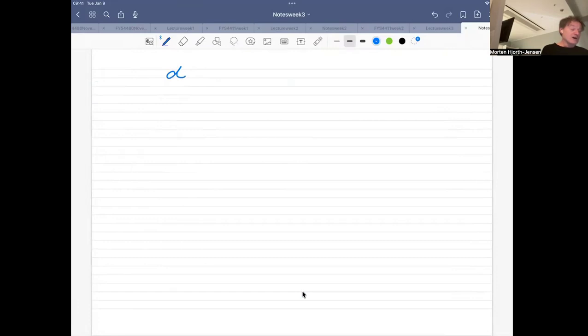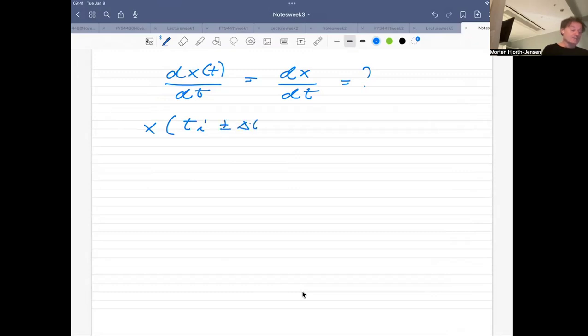So if I look at my dx of t over dt, which we simply write as dx over dt, if we now Taylor expand this one, that means that we have a function x, which is expanded around a point. So we would typically say that we have an x, which is given by t_i plus or minus some delta t.